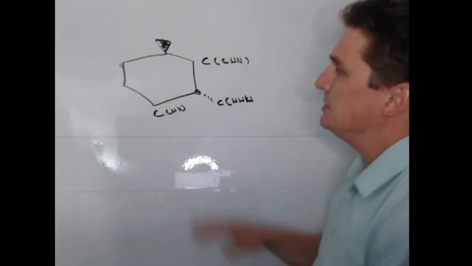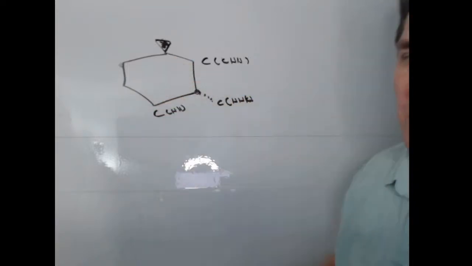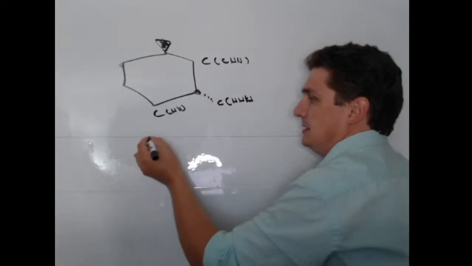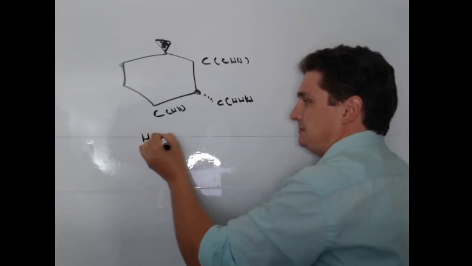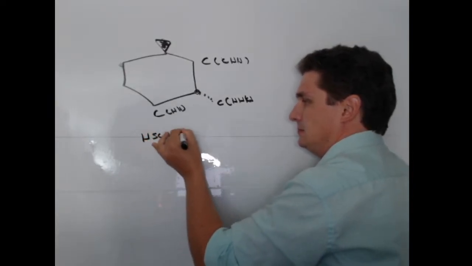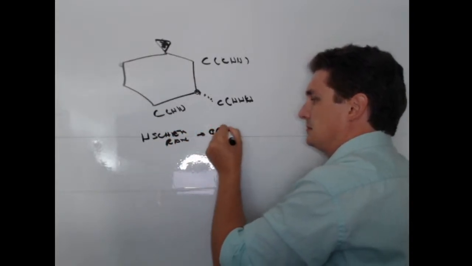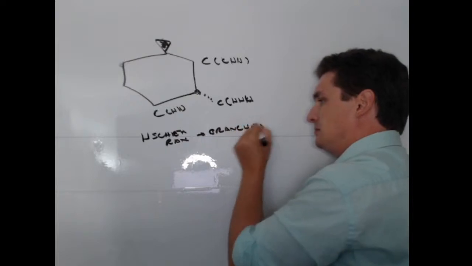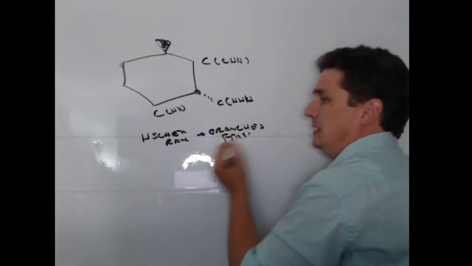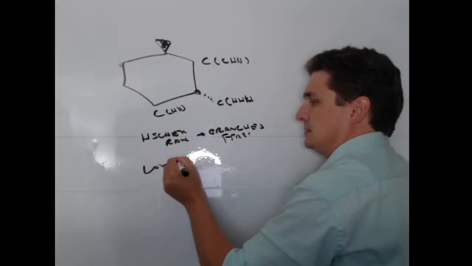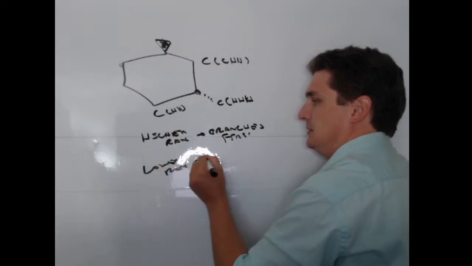And you have to keep working your way around the chain until you finally find a branch. So a corollary of the CIP rules is that it's a higher rank if it branches first, and it's a lower rank if it terminates first.